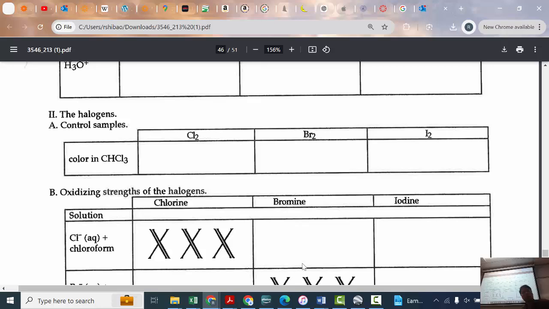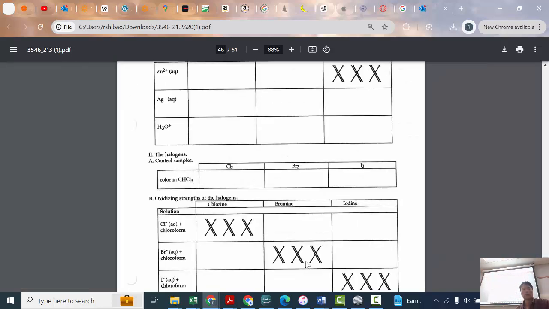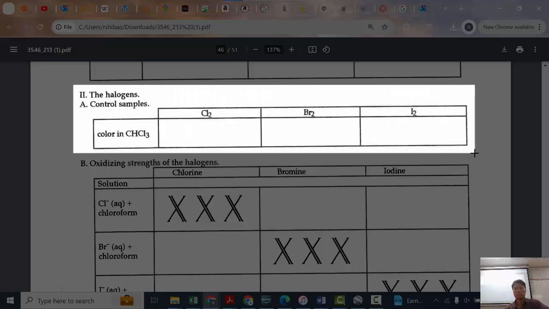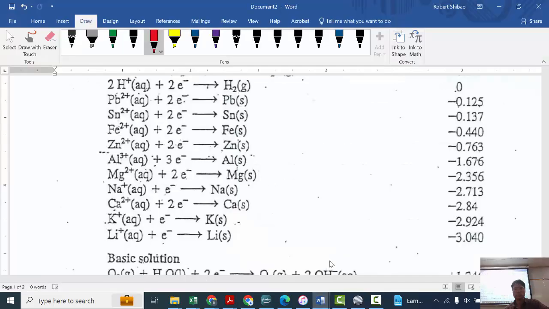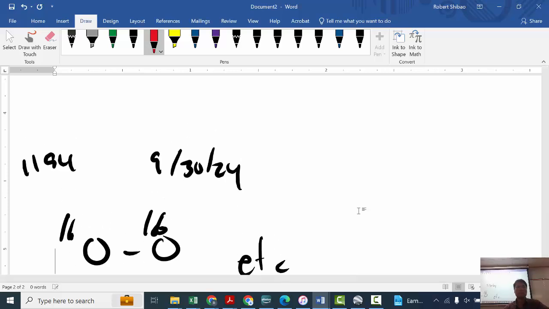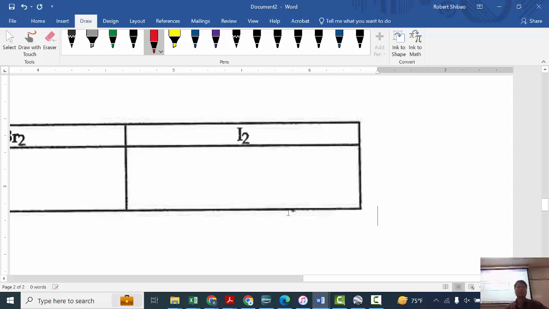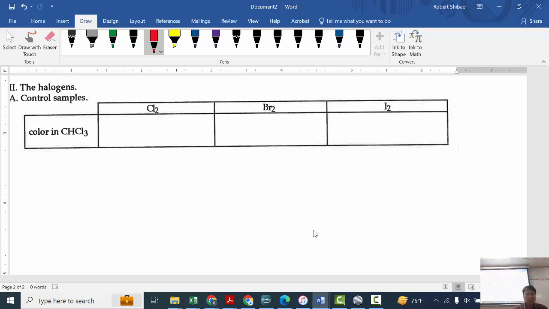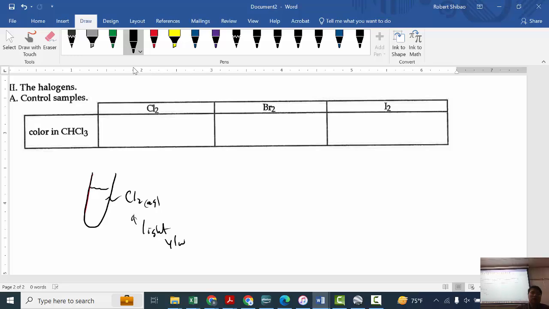All right, let's take a look at part 2A and part 2B. So what we're going to do is something called a solvent extraction.